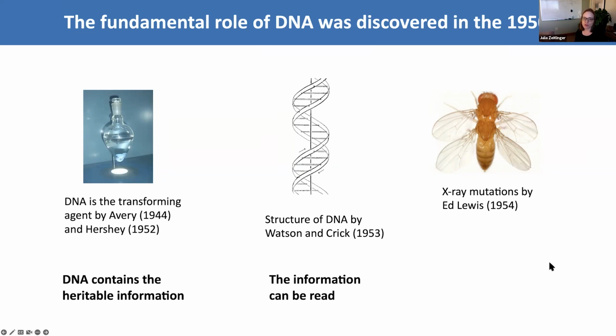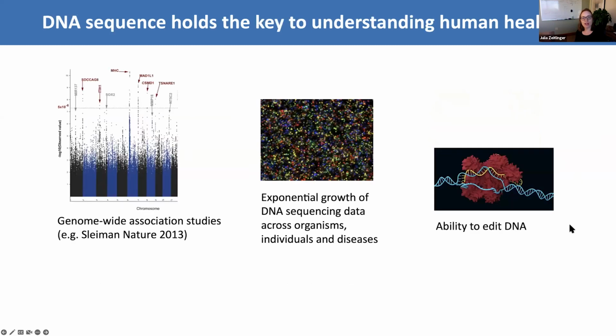And we also know from experiments in the 50s that this information can be changed, for example, by X-ray mutations. And this in turn changes how an organism develops. Now, knowing all of this in the 50s and fast forward to where we are today, I would argue we're still in the same situation, where we know that lots and lots of information is encoded in the DNA.